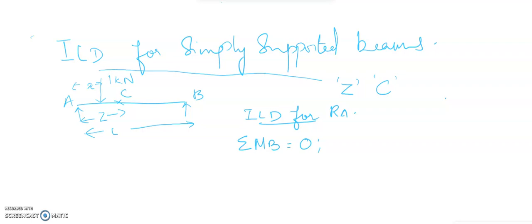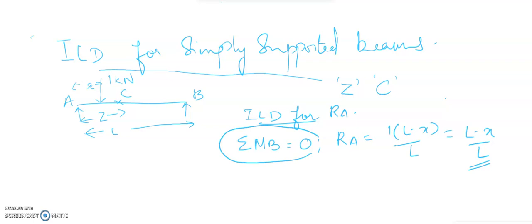While writing sigma MB equal to 0, you will get RA equal to 1 into (L minus X) by L, that is equal to (L minus X) by L. You should do this, okay? It's not enough that you just write this RA. You should substitute in sigma MB equal to 0 about B. Clear?